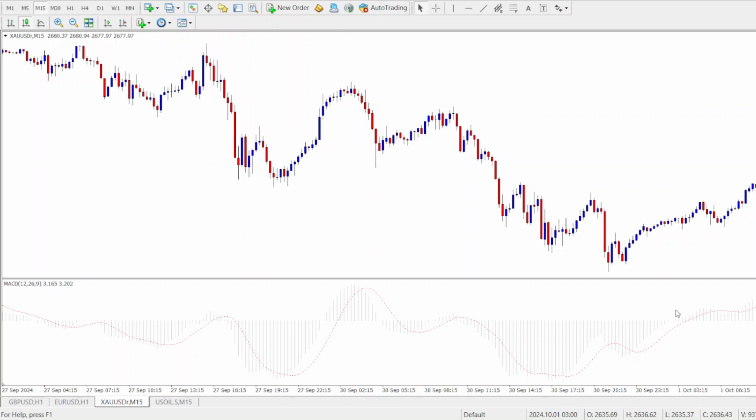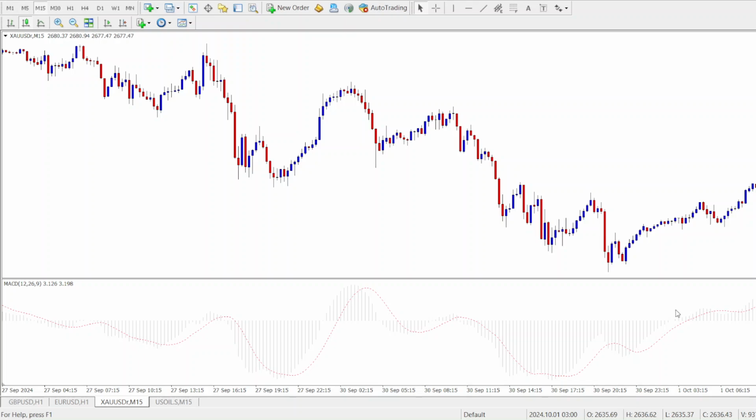We're just going to be looking at a guide on how to effectively use the MACD for intraday trading, how to adjust it for fast-paced markets, and how to spot key signals to improve your performance.